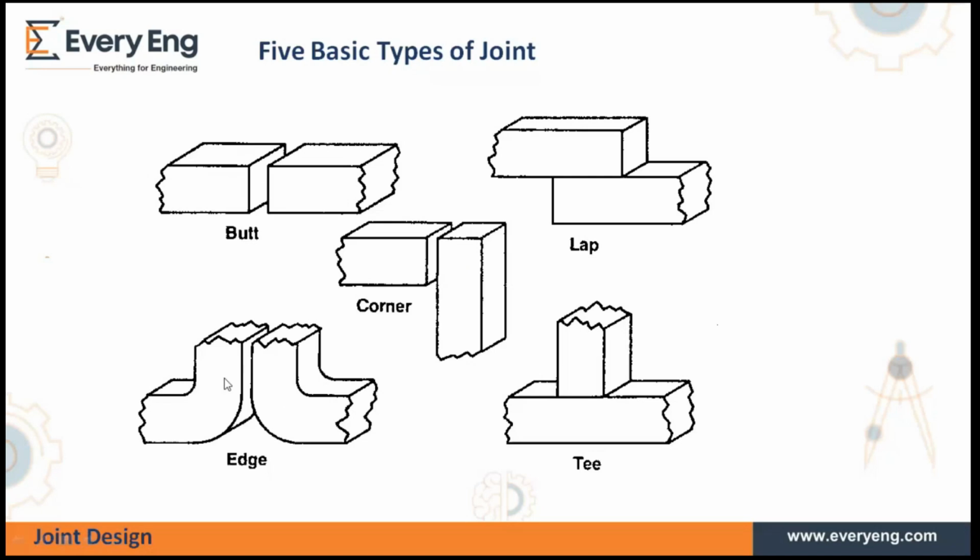Then there is an edge joint, where the two edges of the metal are brought together and joined. And in a T joint, two metals make a T shape, so it is called a T joint. So these are some of the joint types. This is not the weld type. So first is joint type, then we will see the weld type.